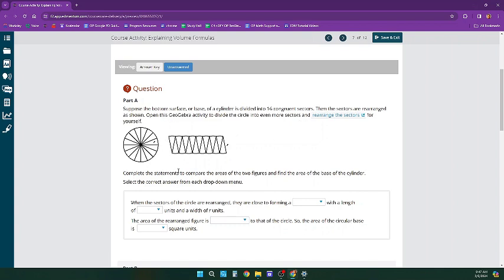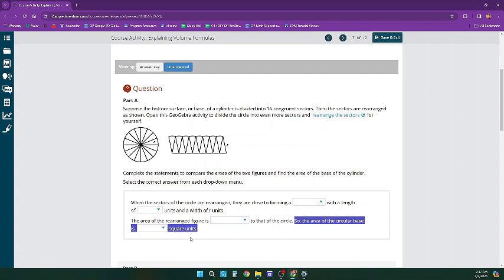We'll get to that in a bit, but let's continue on with the question. We're supposed to complete the statements below, essentially. So we'll read through this in a moment, but let's jump to the end and see that it says, so the area of the circular base is blank square units.